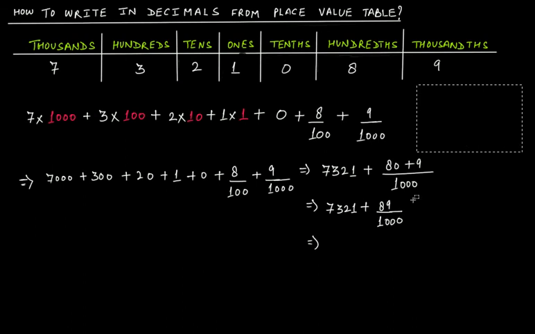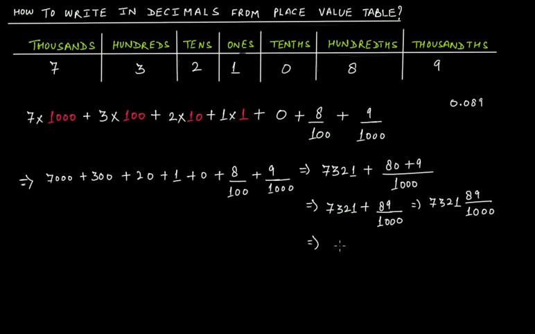So what we got from here is 0.089. So this can be written as 7321 point 089.